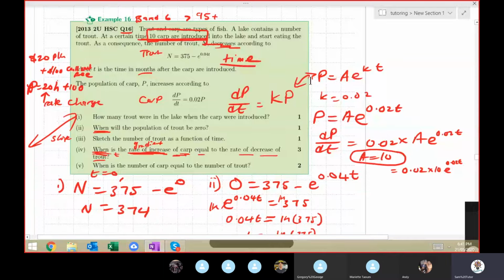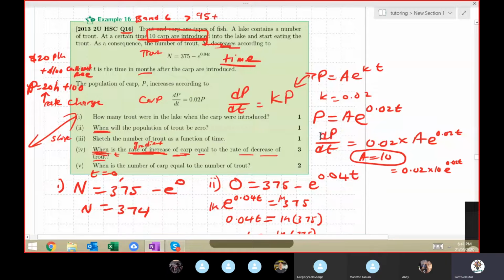So I know that P equals Ae^kt. How do I know that? Because that's the whole point of exponential growth and decay. It's what we proved before. So you've got to memorize P equals Ae^kt, which means k is 0.02 because they gave you that. And when they're saying 10 carp introduced, that means when time is 0, you already know A is 10.